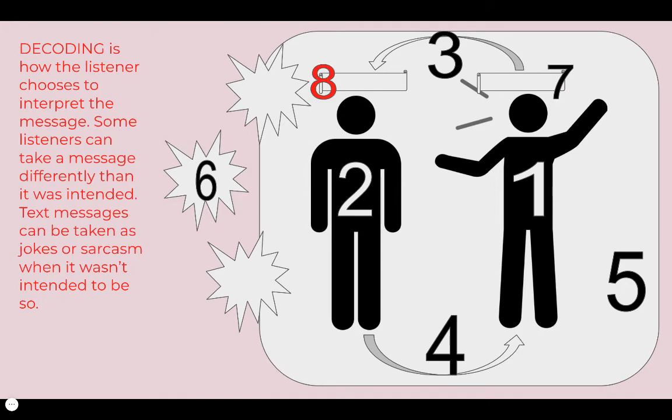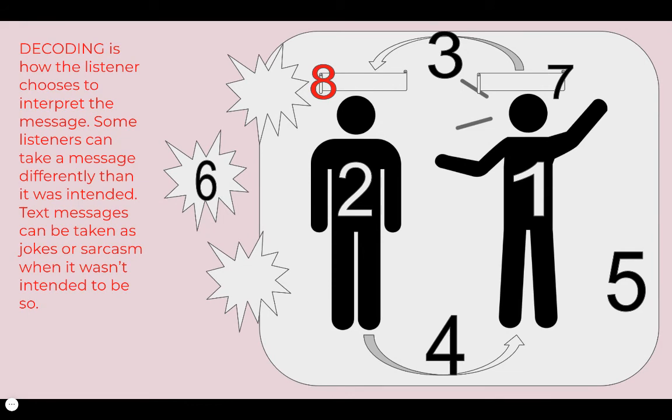Now, number 8 is the other end of that, and how the listener chooses to receive the message in decoding. And a lot of times this is fairly easy for people to do, but also complicated. If you've ever gotten that text message that you didn't really know if it was a joke or serious, and you had to clarify, that's decoding.